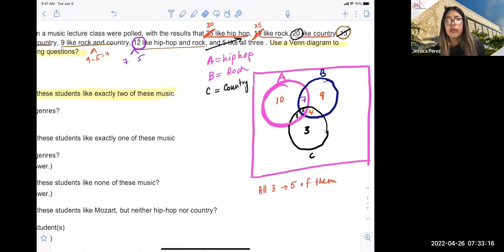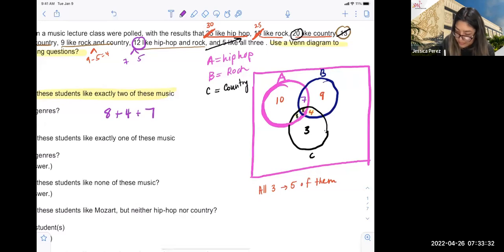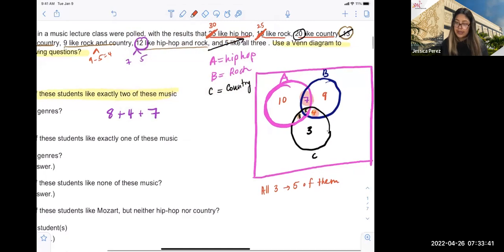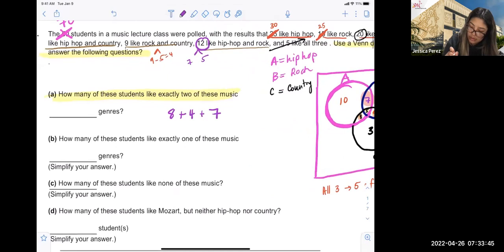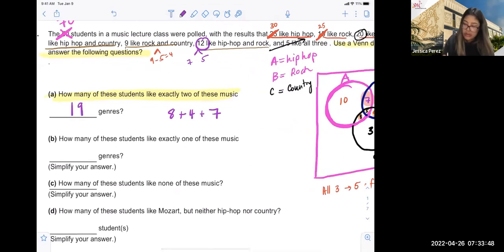So where they like exactly 2 would be 8 plus 4 plus 7. That's exactly 2. Not counting this part, and this part. So exactly 2 would be 8 plus 4, that's 12, plus 7 is 19. 19 students.